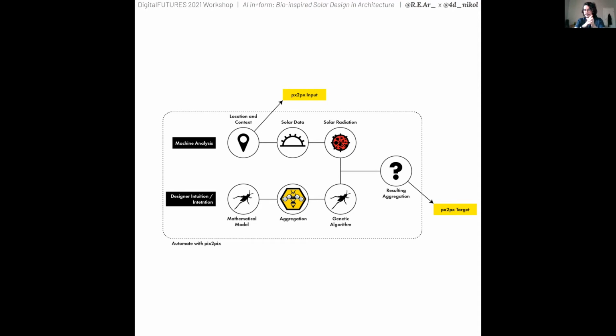So in the projects that you guys will be developing, we will have a location and a context, like a series of buildings, and you have solar data associated with this context. You will be producing projects that respond to this environment, this context, this location, this data, and will also be optimized to respond to the local conditions, right?